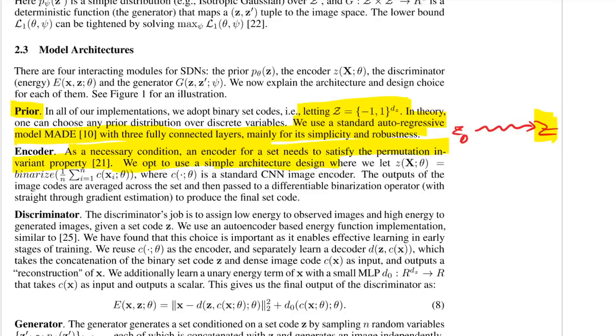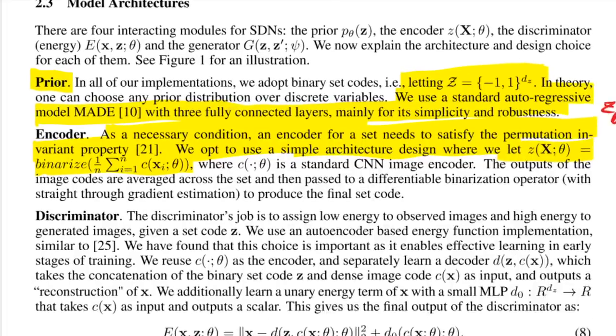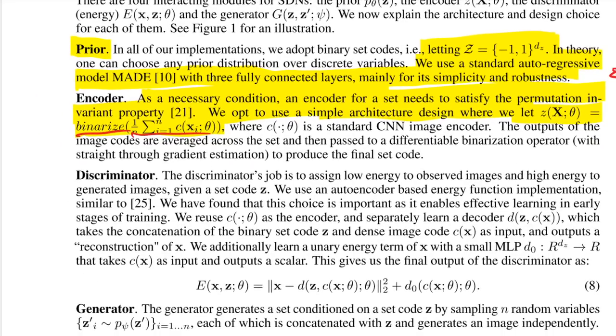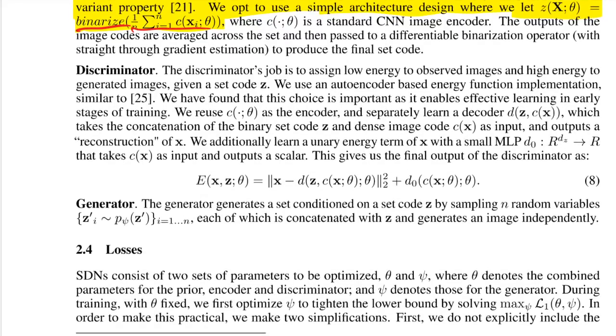We opt to use a simple architecture design where we let this be the average right here. So as you can see, this is the average, and then they use this binarize operation. The binarize operation here is clamping the values to 1 or -1, and it is a straight-through estimator, which means that you backprop through it as if you hadn't clamped, but you forward prop through it with clamping. This is kind of a trick to get through discretization things.